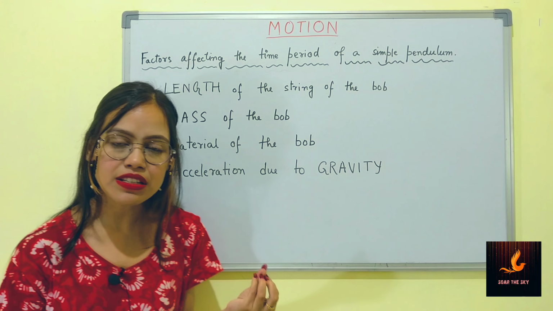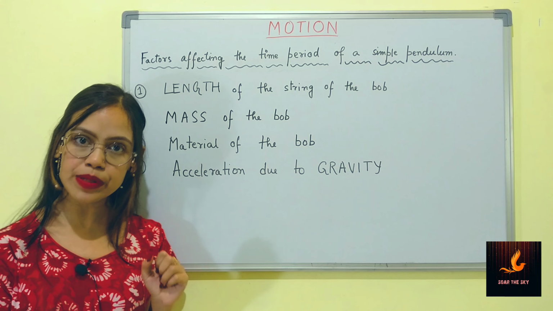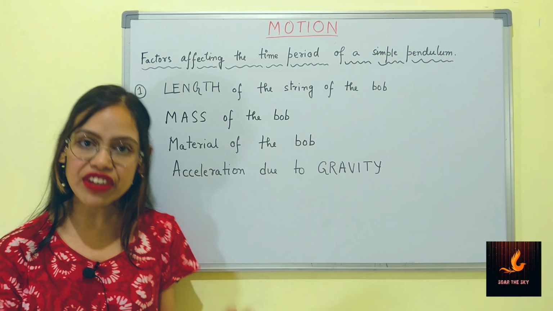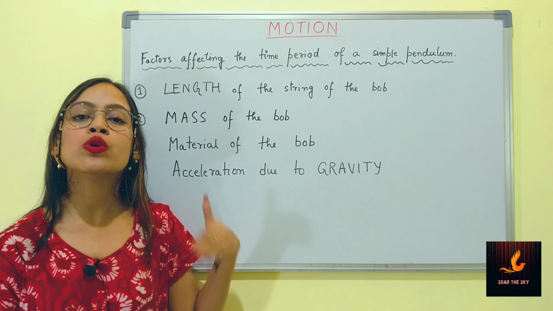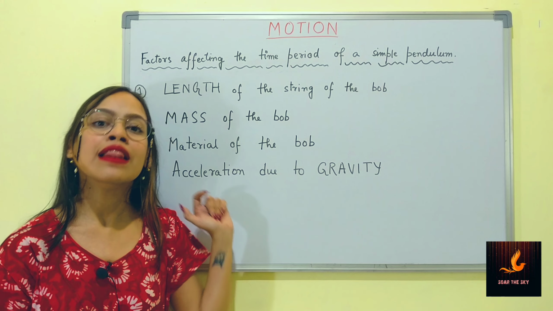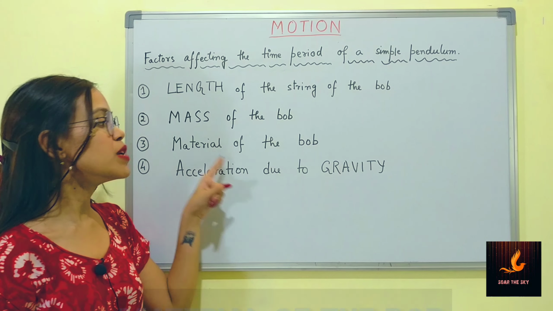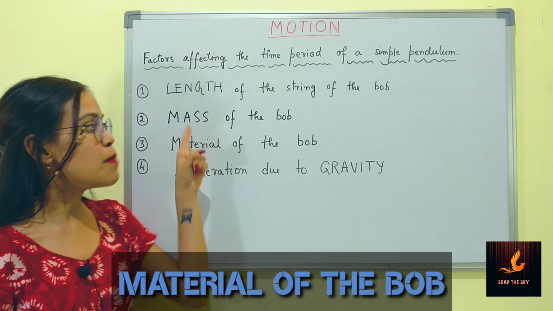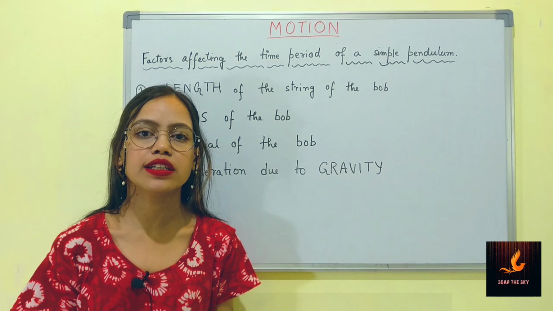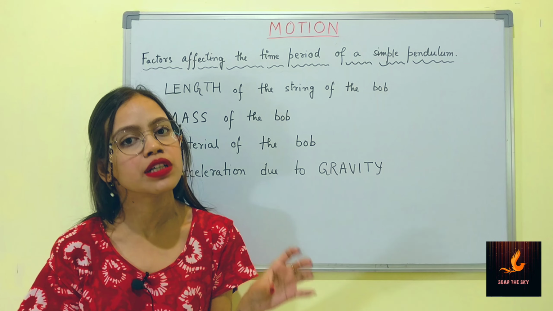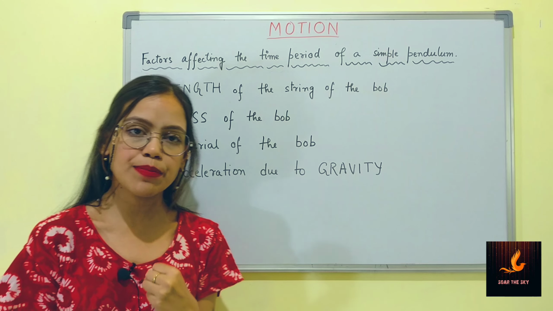So this difference in the mass will also affect the time period of the simple pendulum, because heavier the bob is, the slower it will move to and fro as compared to the lighter bob. The third factor is the material of the bob. Since mass of the bob is also a factor, so we can very well understand that according to the change in mass, the material of the bob will also be another factor that can affect the time period.